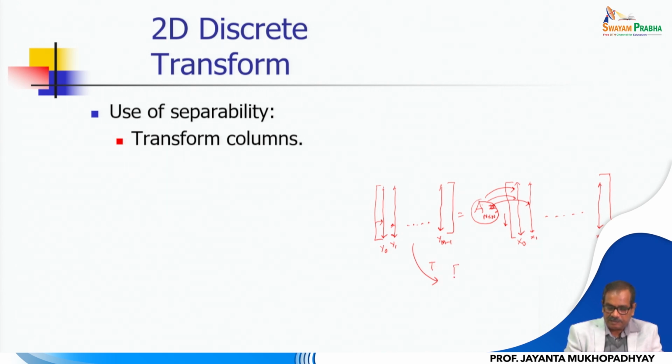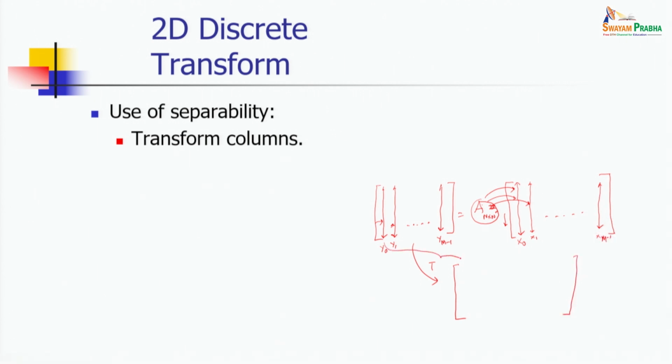So these columns become my rows. So this is my row, this is y0, this is my next row, this is y1, and this is ym minus 1.